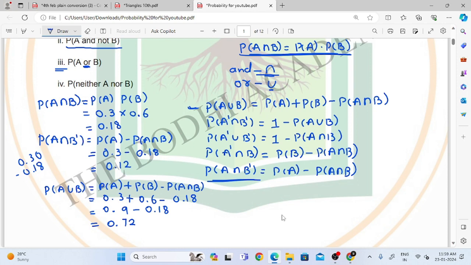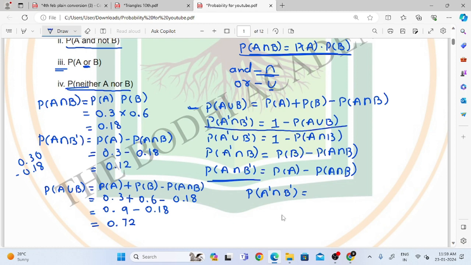Now the last question, P of neither A nor B. Neither A means A is not there, that means A dash. And not B as well, that means both are not there. Both means intersection, or we can say and. A is not there, B is not there, that means A dash intersection B dash. So what is the formula for P of A dash intersection B dash?